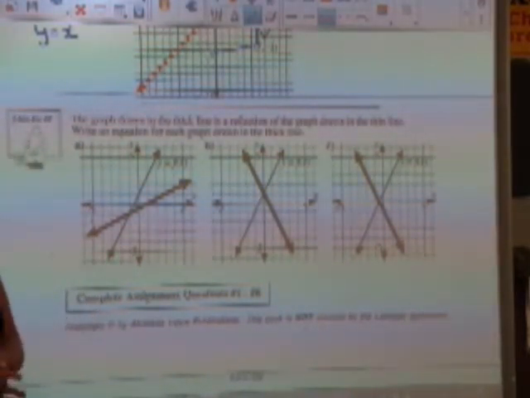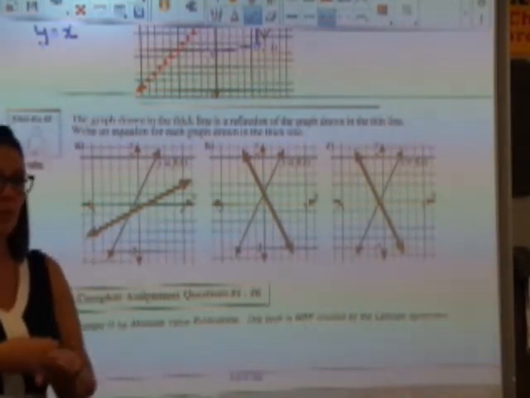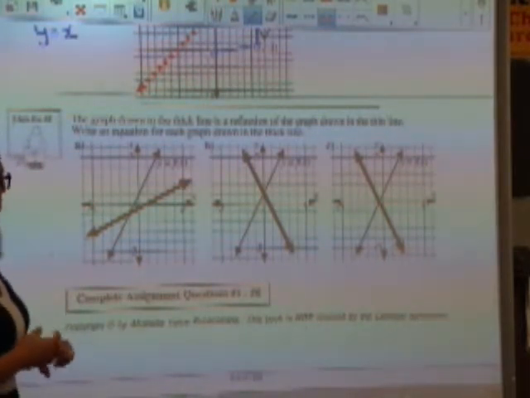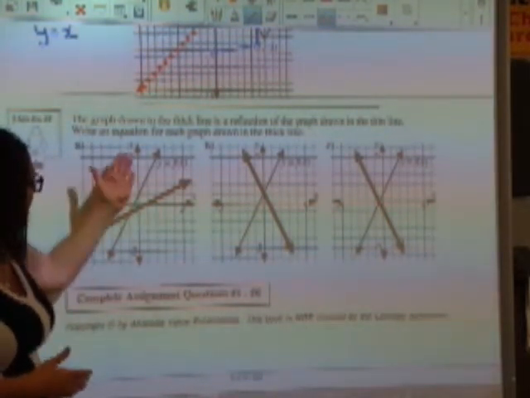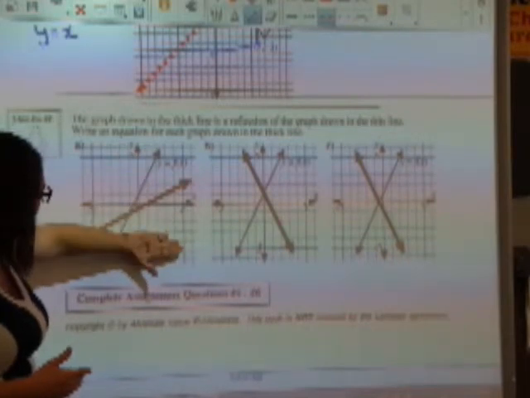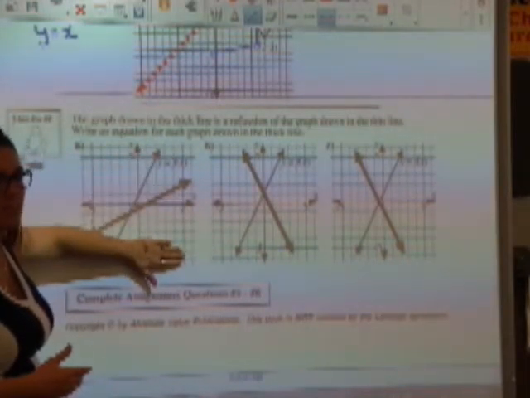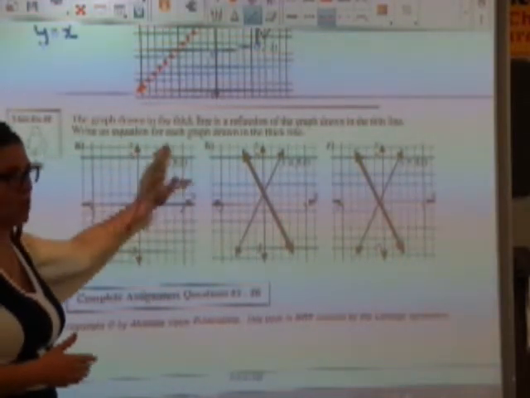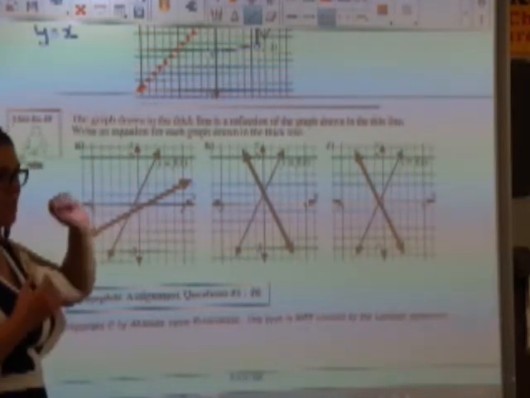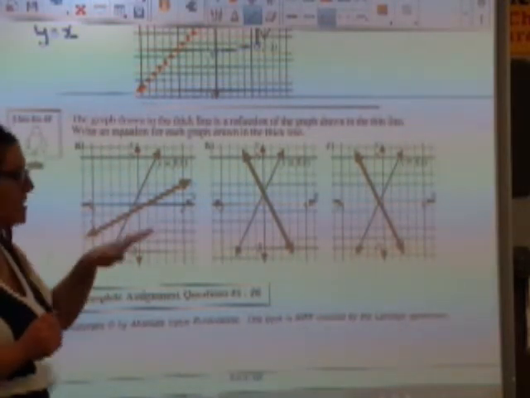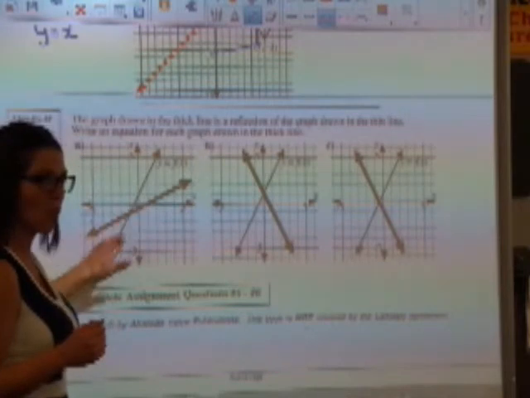So what you need to determine is what is your reflection line. It's either going to be the x-axis, the y-axis, or that mirrored line. So if I look at A, does this graph reflect in the x-axis? Does it reflect in the y-axis? If it doesn't reflect in those two, it must reflect in y equals x.